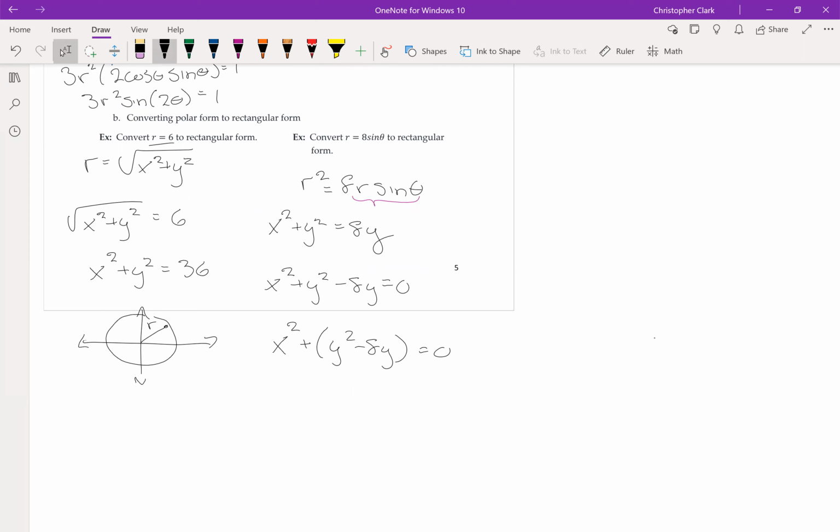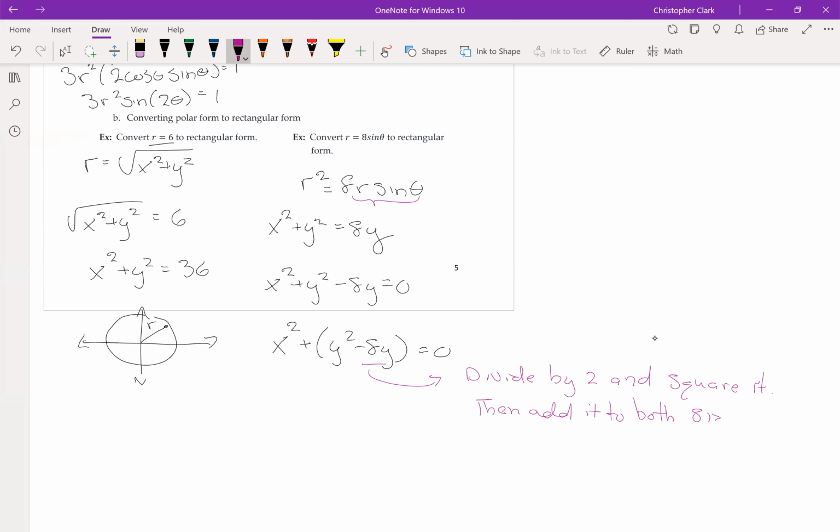The idea is we're going to take this coefficient, this -8, right? We're not taking -8y, we're taking -8. So we're going to divide by 2 and square it, then add it to both sides.